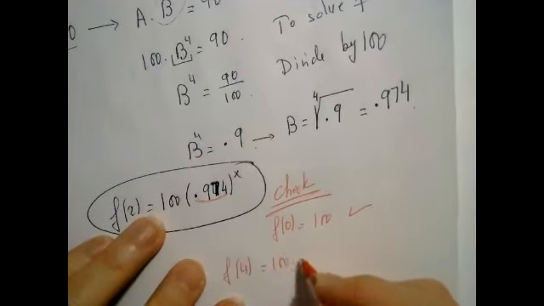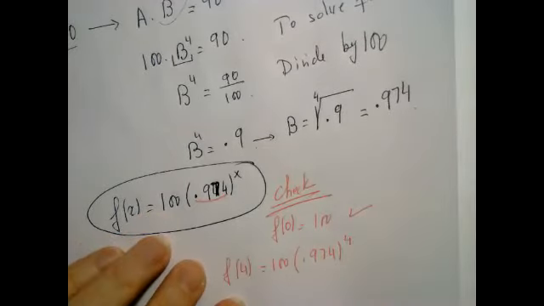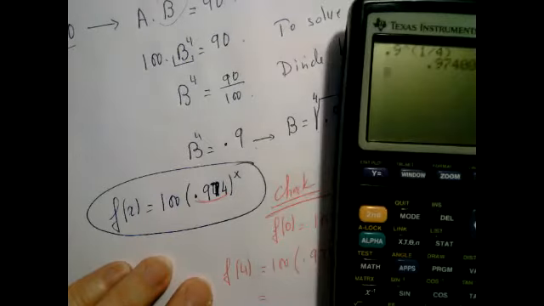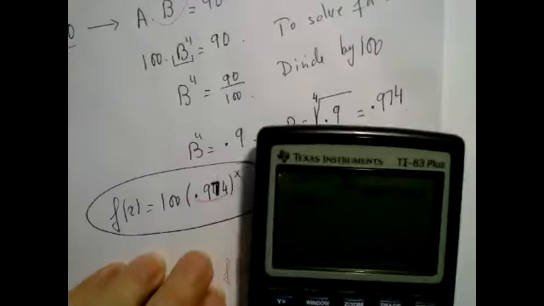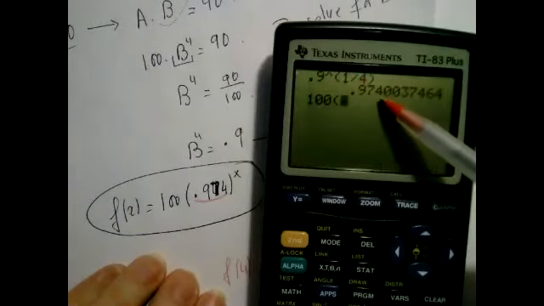So this is going to be 100 times 0.974 to the power 4. I'm just checking that my math makes sense. So now I compute that. I may be off by a little bit because I rounded. When I took 0.9 to the power 1/4, I rounded a little bit.